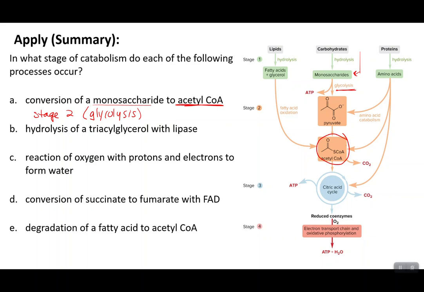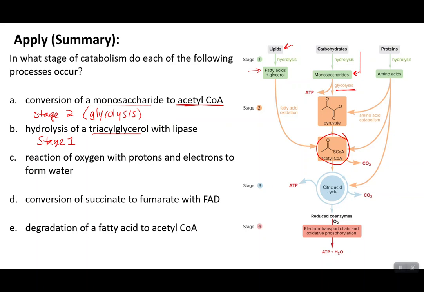It could be hydrolysis of a triacylglycerol with lipase. So a triacylglycerol we know is a lipid, and it's being hydrolyzed with lipase, and that hydrolysis is going to produce these fatty acids and the glycerol. So this hydrolysis reaction is going to happen in stage 1.